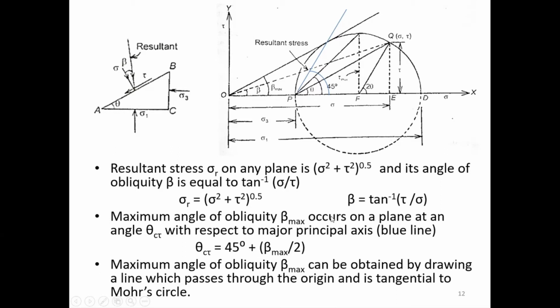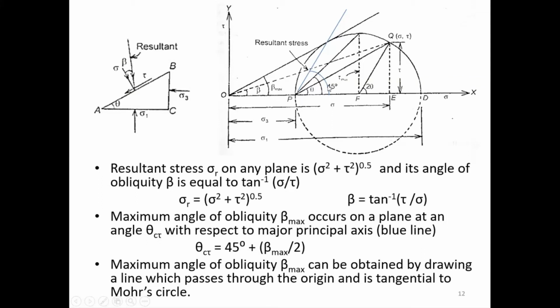The maximum angle of obliquity, beta max, occurs on a plane of angle theta critical tau, which is represented by this blue line, this blue angle, with respect to the major principal plane.